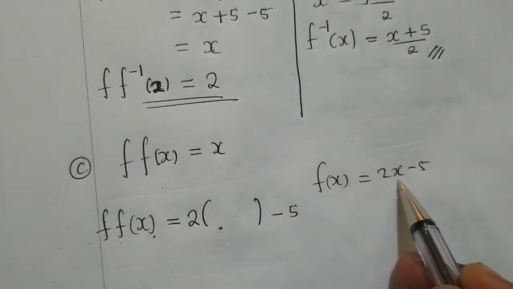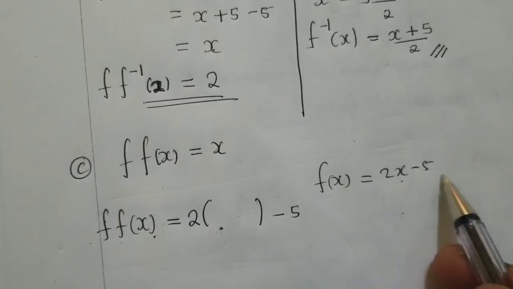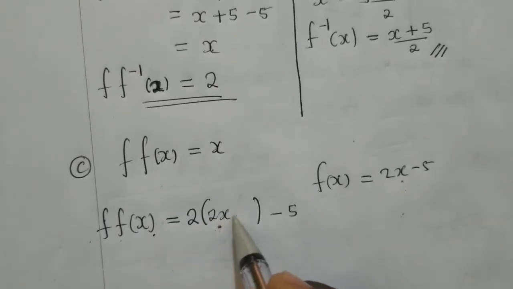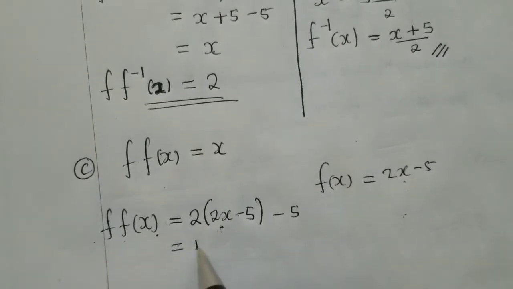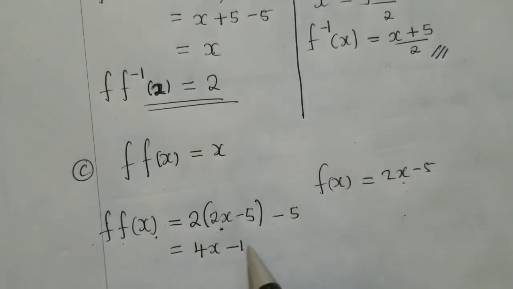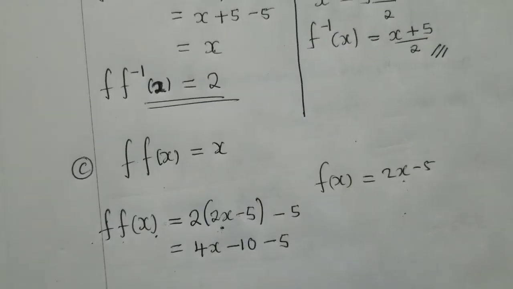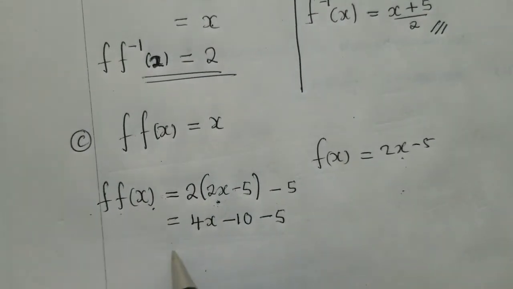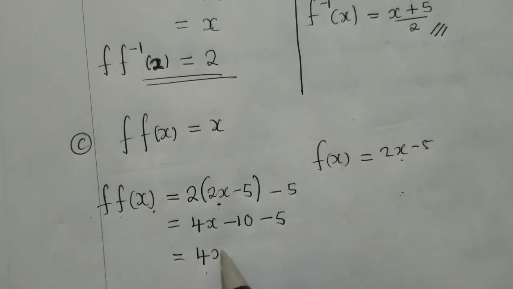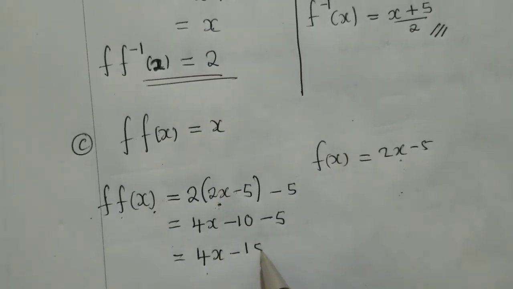So where there is x here, we substitute this same function. So it will look like this. Okay, you simplify, you're getting 4x minus 10 minus 5. 4x minus 10 minus 5, of which here it will be 4x minus 15.